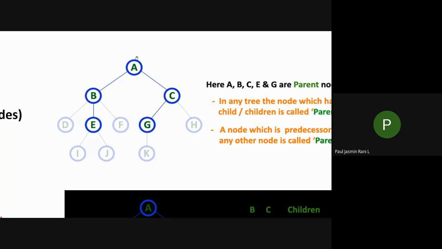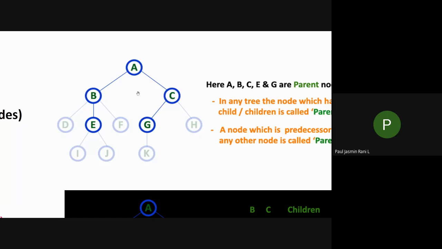From this diagram I can say that B also contains branches D, E, F, which are nothing but branches of this B node. And G and H are nothing but the children of this C node. Suppose a node contains any branches or children, then that particular node can be called a parent node or otherwise an internal node.